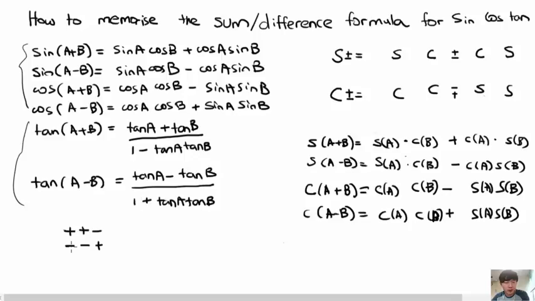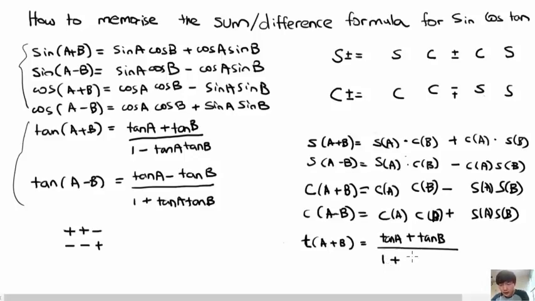So plus, plus, minus, minus, minus, plus. So for tan of A plus B, on the numerator, this is a plus, so it's a plus, and then plus down here, okay? And then it's going to be tan A, tan B, and then there's always this 1. You just have to memorize it. It's not too difficult to memorize.